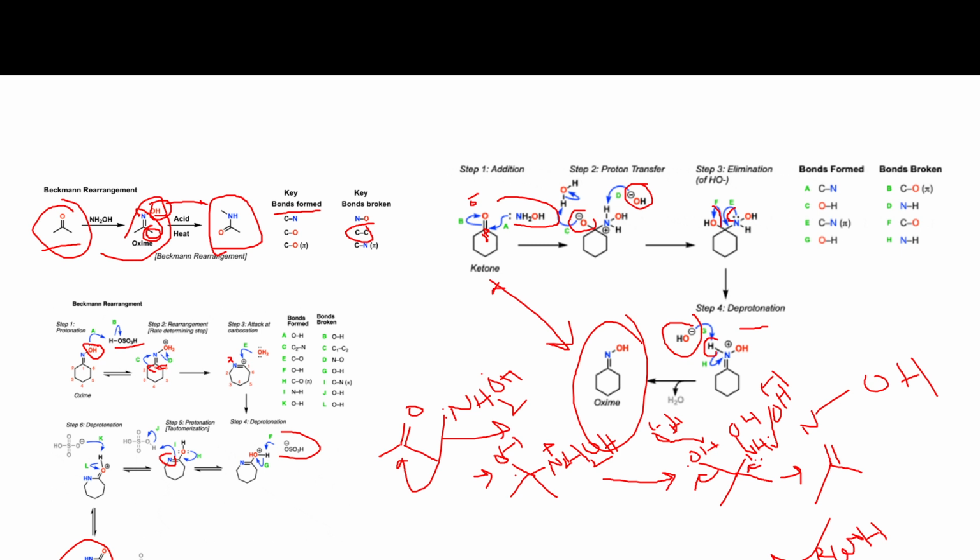So how will it happen? The amide formation will be like this. First, this NOH, this OH becomes protonated, and this will be your N, and if your OH is protonated, it will become OH2 plus, which is a leaving group, so it comes out.